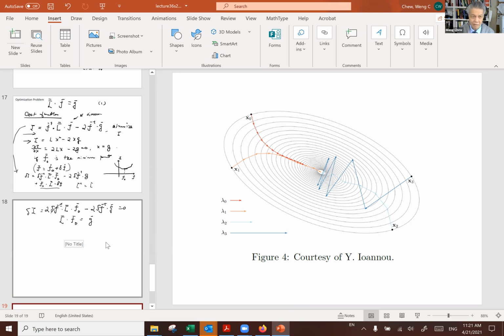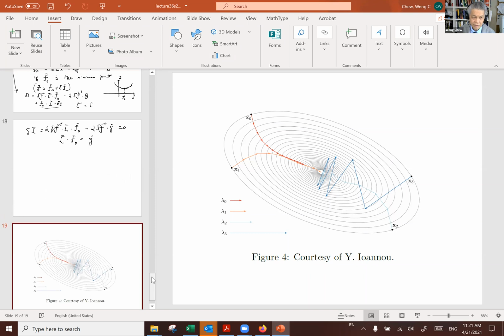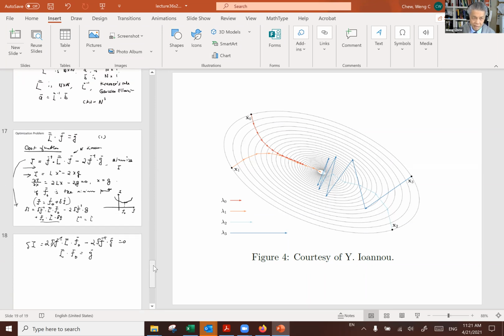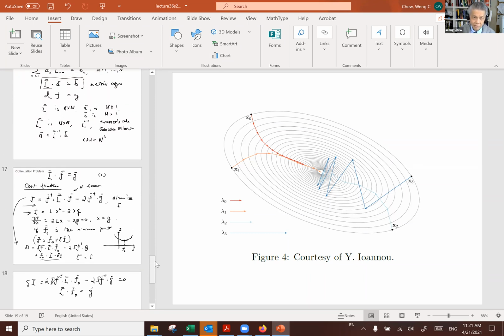It's been written up in many textbooks, including some of which I have written, okay? But it casts solving for the solution of Maxwell's equation into finding the minimum of a cost function. And this can be done a lot more cheaply compared to having to invert the matrix system.